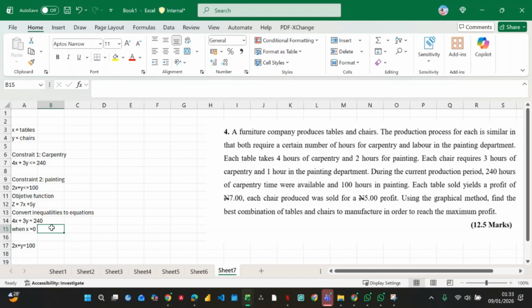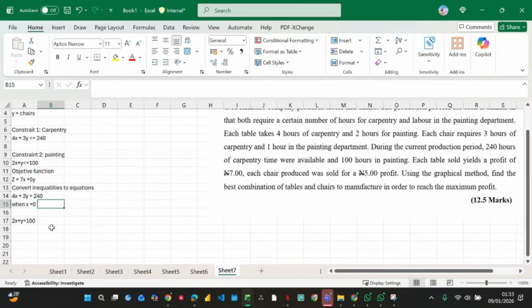Y is now 240 divided by 3. What do we get? Y is now equal to what? 80.